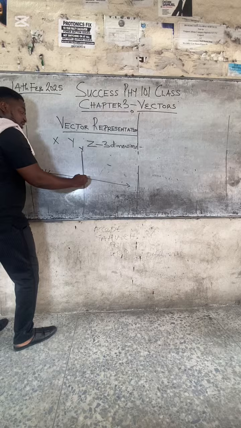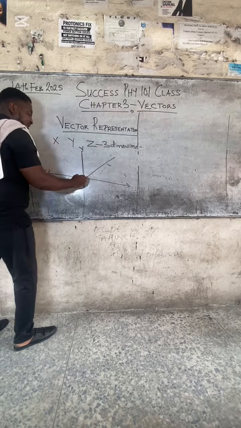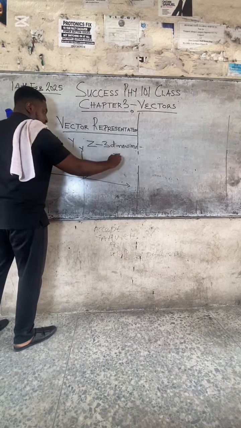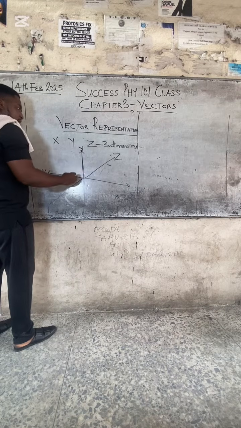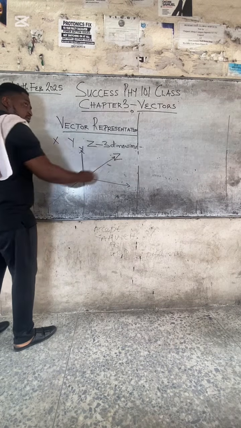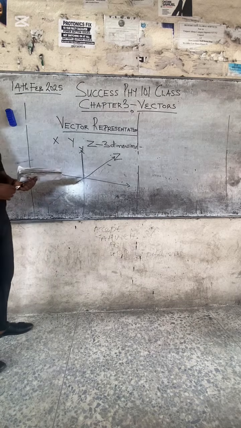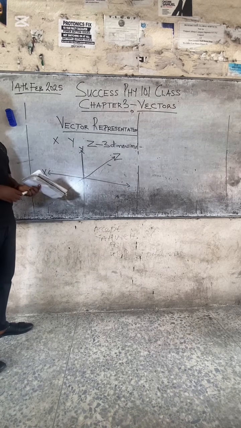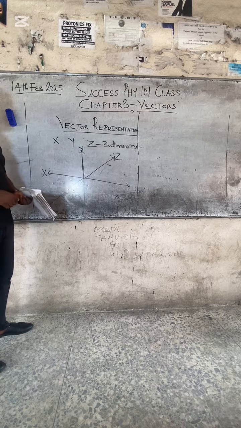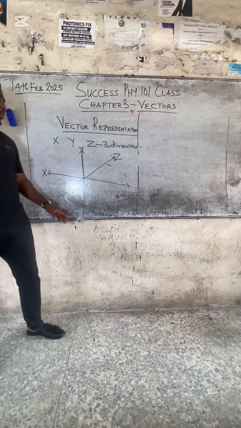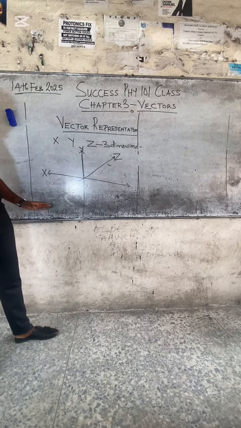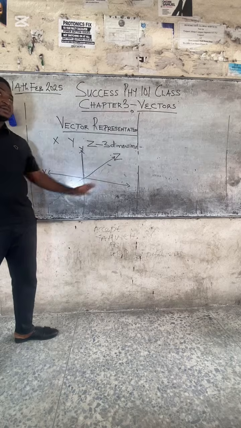And the z dimension is the diagonal dimension, the z-axis. So we have x, we have y, and we have z. Don't forget, the x-axis is the horizontal axis, the y-axis is the vertical, and the z-axis is the diagonal axis.